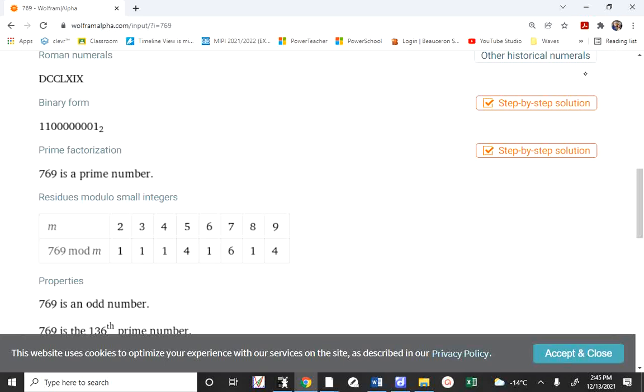That's another weakness of mine, figuring out how to factor bigger numbers. So sometimes I just go to Wolfram Alpha. All right.